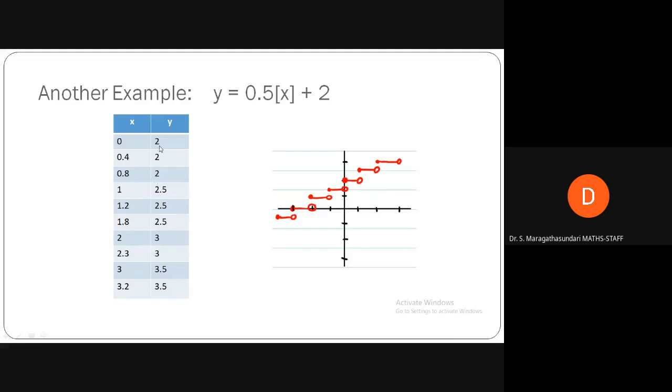See here, in the previous problem we saw a double space. But here I'm seeing 0.5 spacing: 2, 2.5, 3 and 3.5. See this graph also, see these circles, how it goes: 2, 2.5, 3, 3.5 and the corresponding x values.